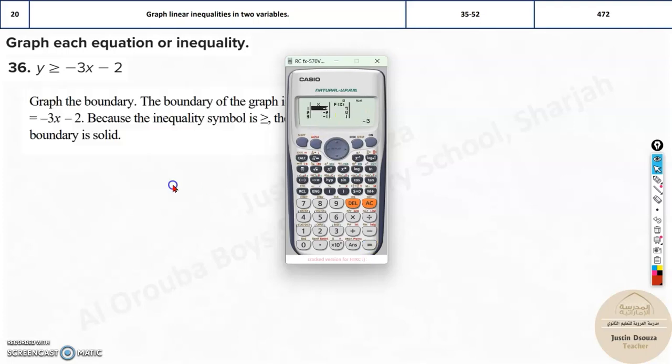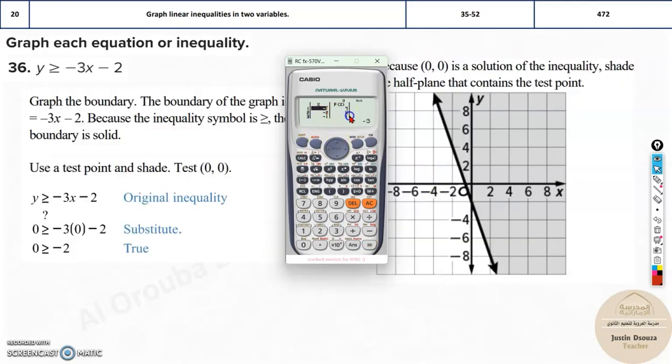You got the table. Now you can check at minus 3, what is the answer? 7. Yes, it's 7. At minus 2, the answer is 4. At minus 1 it is 1. At 0 it is negative 2. Yes, all the values match.